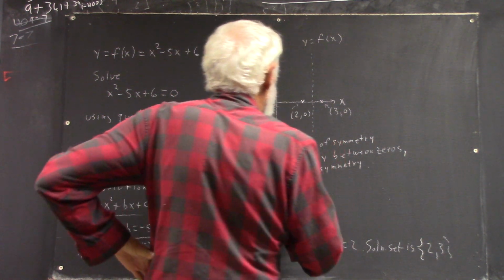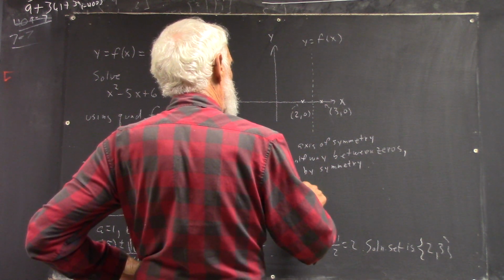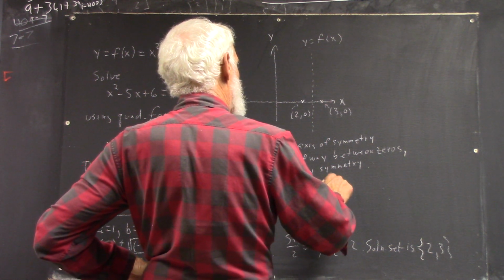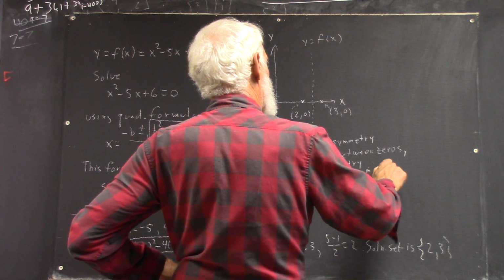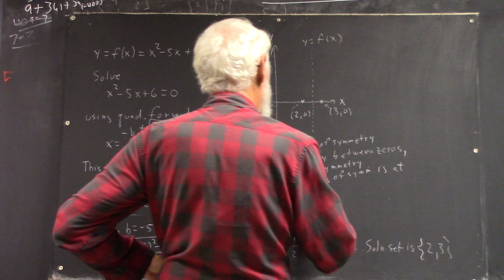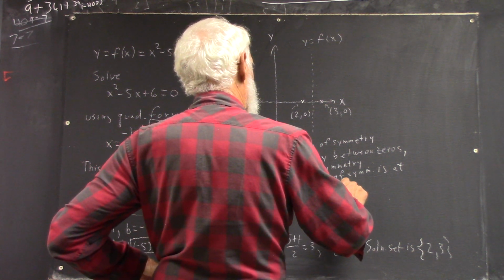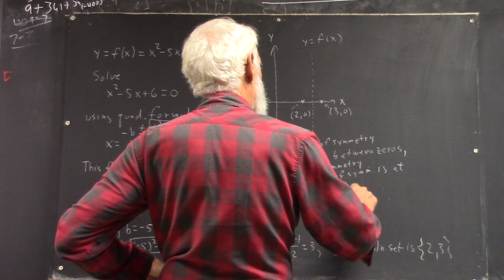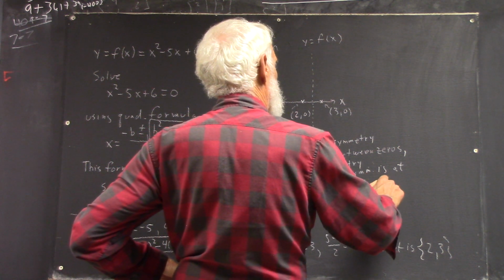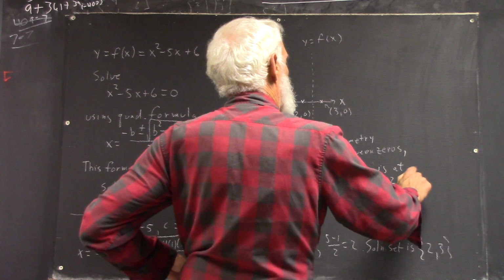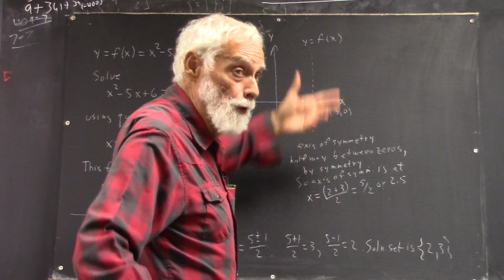Okay, so the axis of symmetry is at x equals 2 plus 3 over 2 equals 5/2, or 2.5, which is clearly halfway between 2 and 3, and you know that.